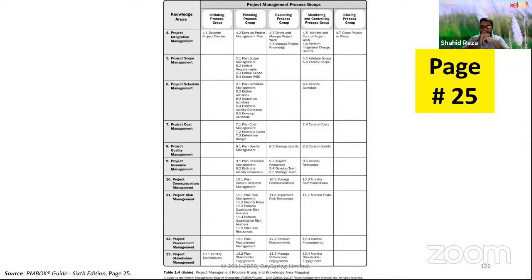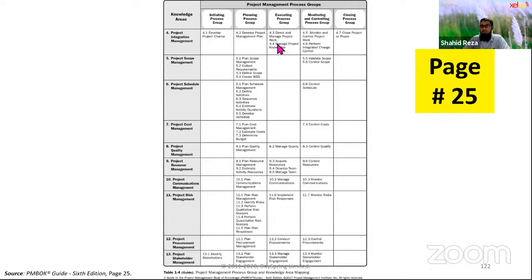So that flow is not mentioned directly, how these 49 processes are sequenced. And the sequence is not the same for every project. So PMBOK does not give that relationship and data flow diagram covering all the processes.